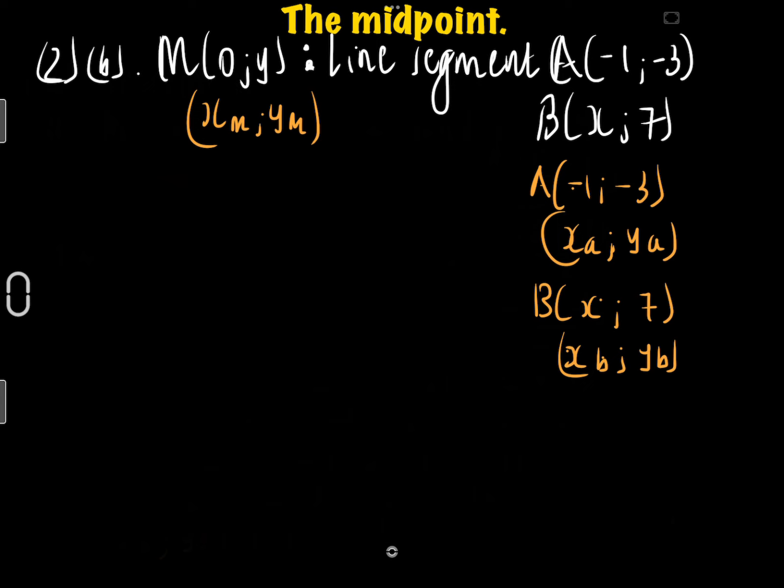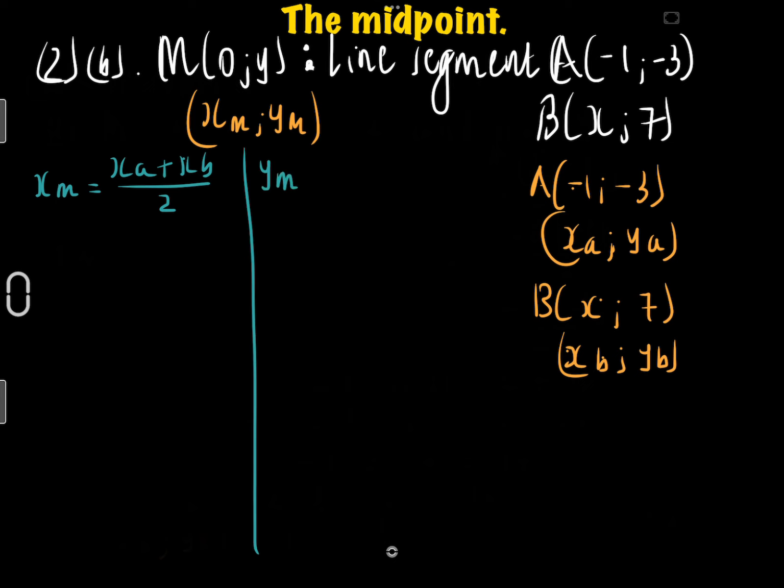Our midpoint formula goes like this: xm is equal to xa plus xb divided by 2. That's for x. And then ym is equal to ya plus yb divided by 2.